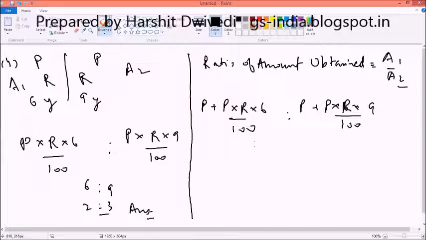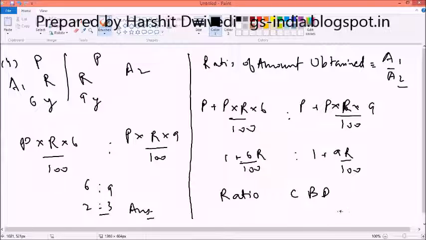It is going to become 1 plus 6R by 100 over 1 plus 9R by 100. So in this case we can say that the ratio cannot be determined.